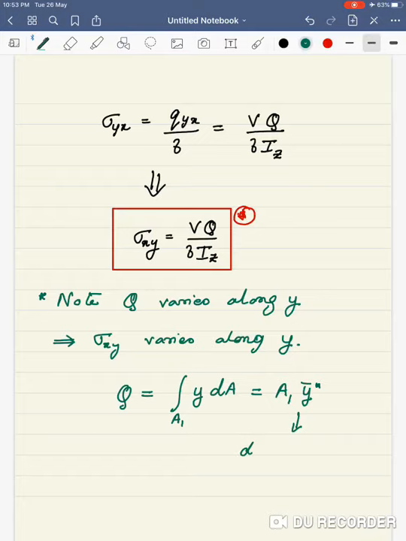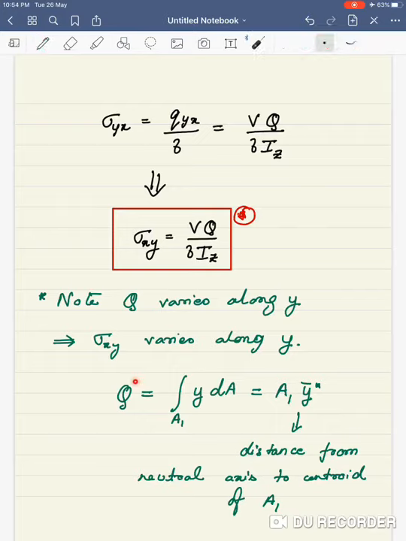where this quantity is the distance from the neutral axis to the centroid of A1. So you can compute Q. You can either do this integral or you can compute it like this also.